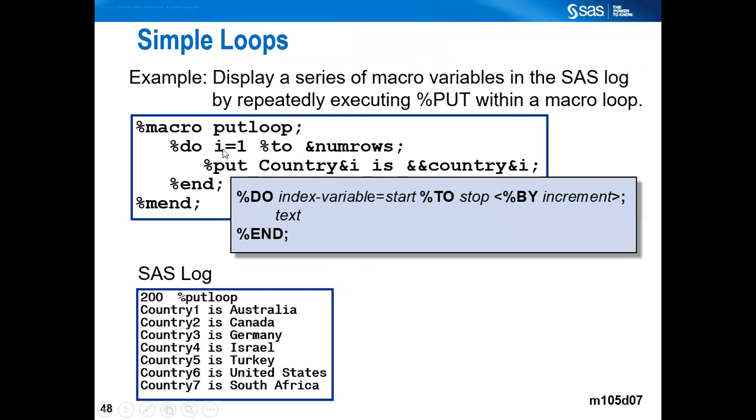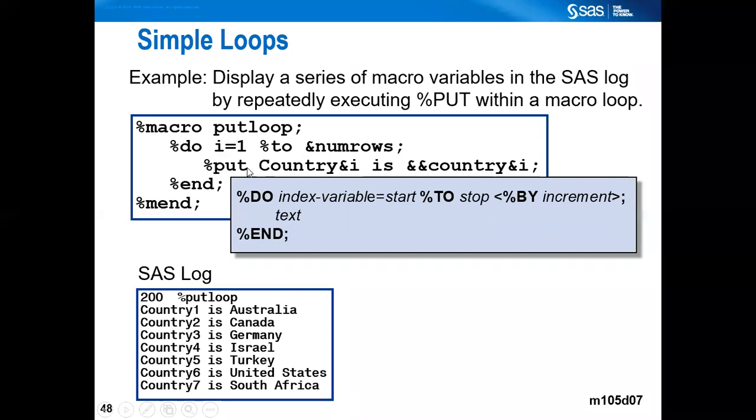So see, you're creating a macro called put loop. Because it's a macro program, we know the syntax for do loop also starts with %do i equal to 1 %to. Again, this %to is within your macro, it's a syntax for your do loop.